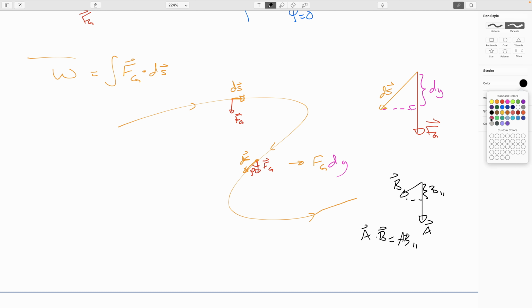A calculus professor would be wincing just a little bit right now because I am sweeping some things under the rug, but the spirit of the argument is correct. So I can turn this into an integral, saying that this is going to be equal to the integral of FG times dy, evaluated from y initial to y final.